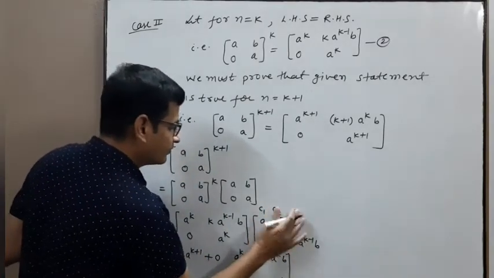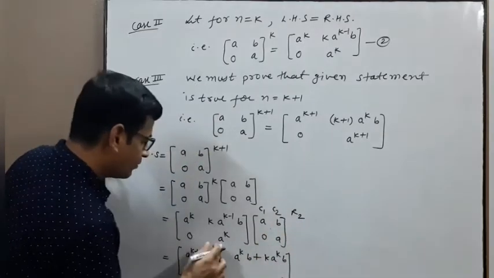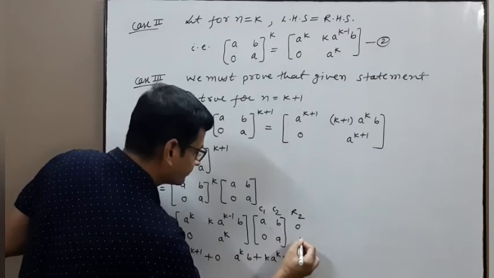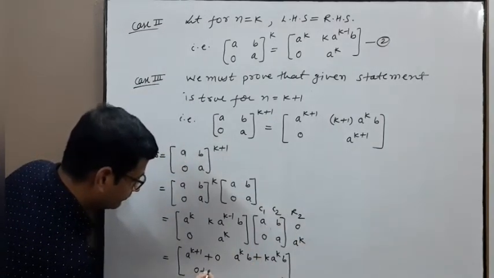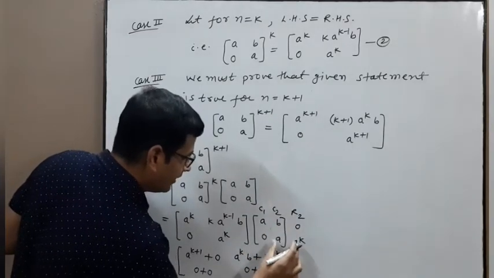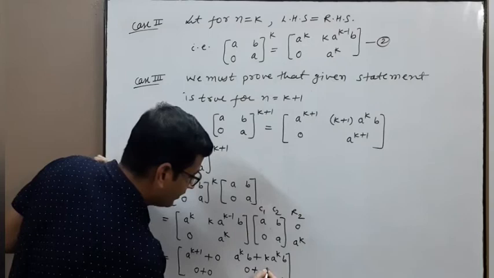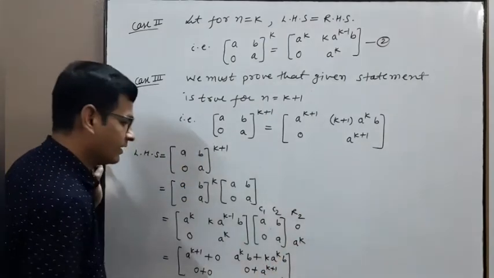Now take R2. R2 means 0 and A to the power k. So this into this is 0, 0 plus 0. And this 0, and A into A to the power k plus 1, so A raised to the power k plus 1. A into A to the power k means A raised to the power k plus 1.